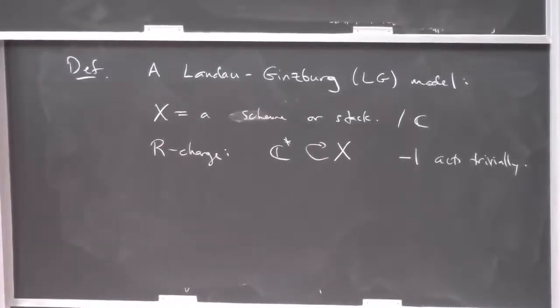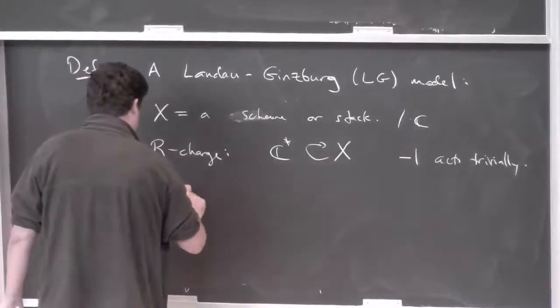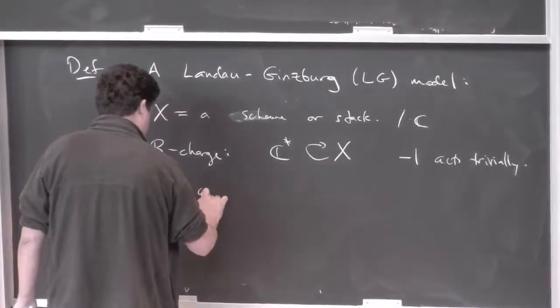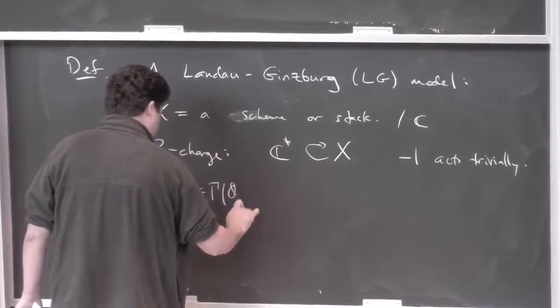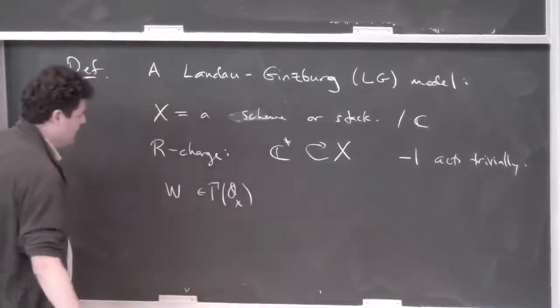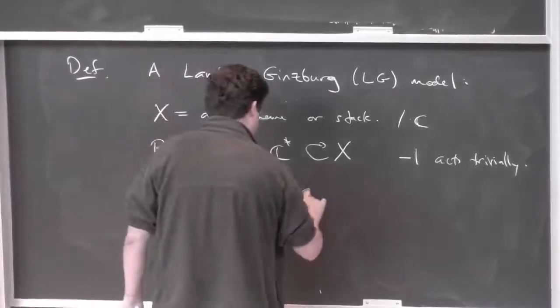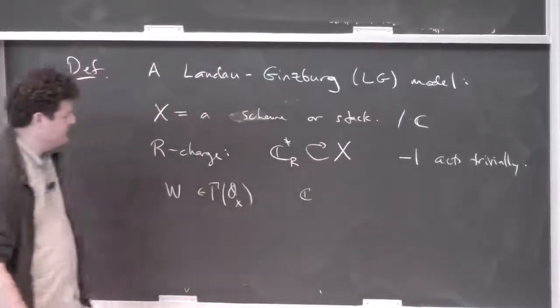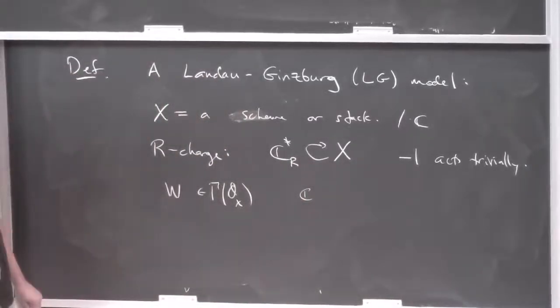And then we need a function W, and it needs to be equivariant for C star R. I'm labeling this C star R because there will be other C stars later.